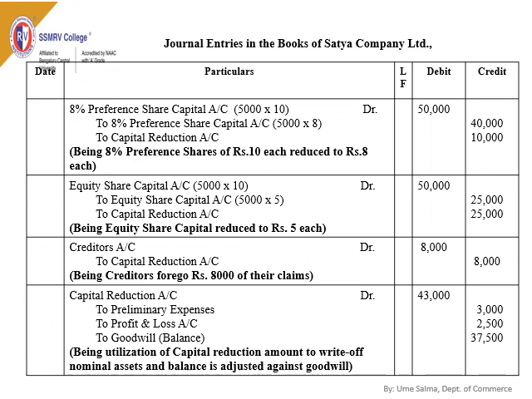Now we can see here a few journal entries based on the adjustments given in our question. We have to pass the journal entries in the books of Satya Company Limited with the following adjustments.